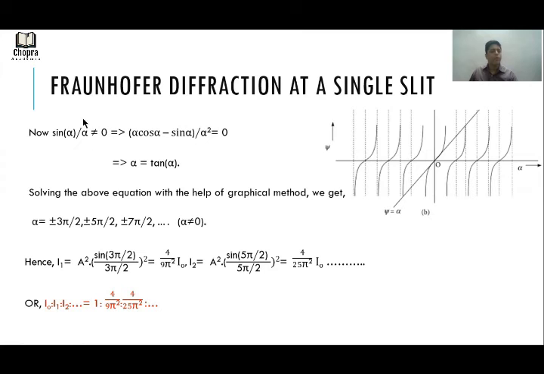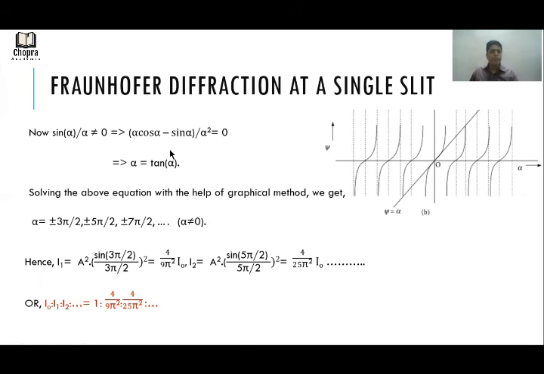Now we have two terms: sine alpha by alpha is equal to 0, or alpha cos alpha minus sine alpha by alpha square is equal to 0. But can the first term be equal to 0? No. If the first term is equal to 0, that condition is taken for the minima points. So that cannot be equal to 0. So we are left with the second term, which should be equal to 0 for secondary maxima points. So solving this equation, we can just say alpha cos alpha minus sine alpha is equal to 0, or alpha is equal to tan alpha.